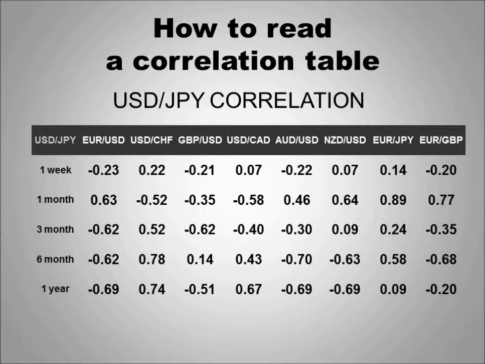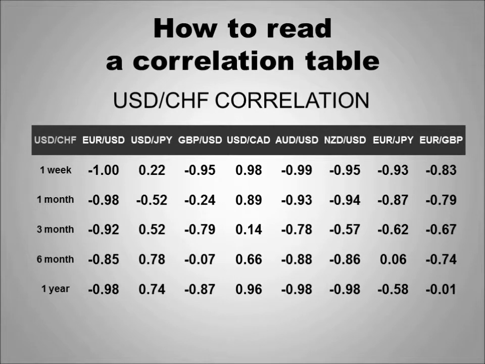Okay, so let's change the currency pair to US dollar Swiss franc. I'll give you a few seconds in order to determine which currency pairs are directly proportion and which currency pairs are in inverse proportion.